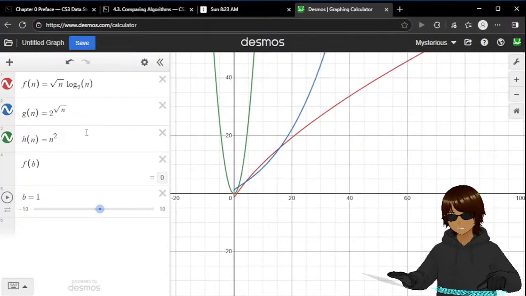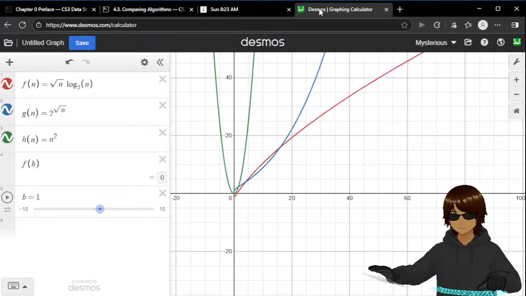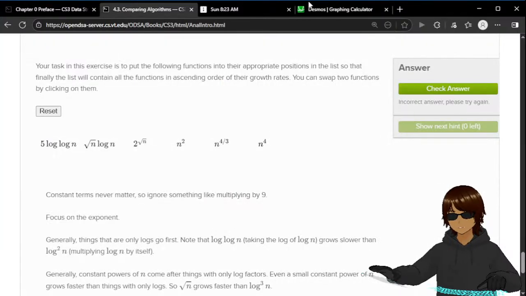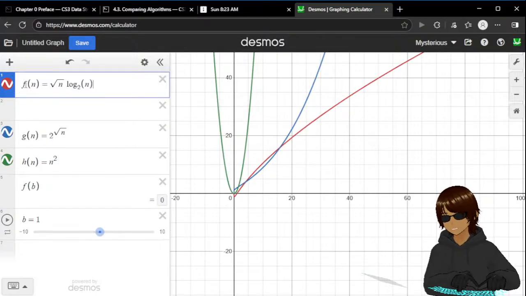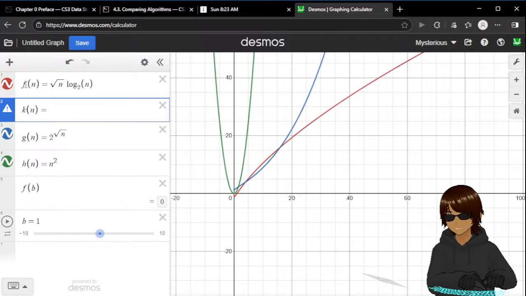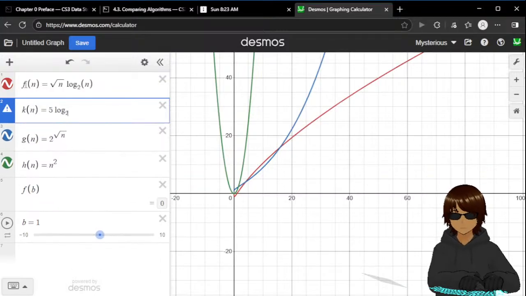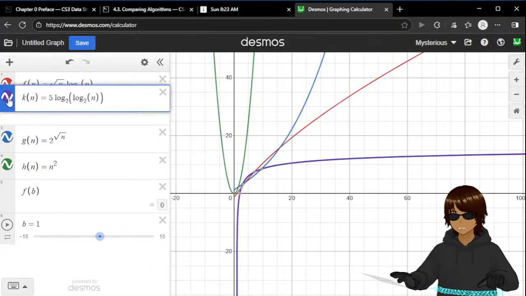This, then this. I'm right. 5 log n, g of x, h of x, f of n, 5 log base 2 log base 2 n. This goes here.